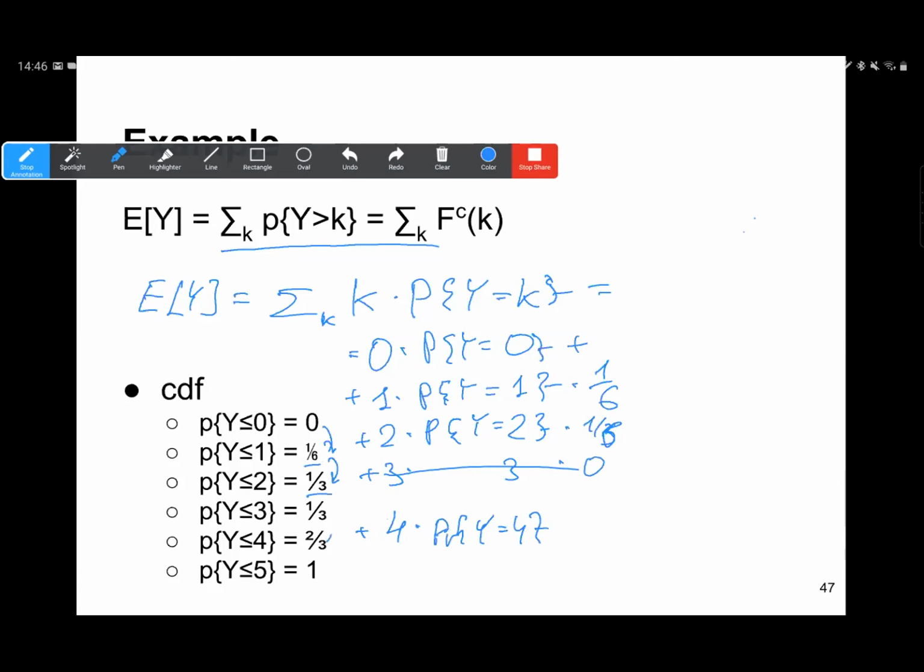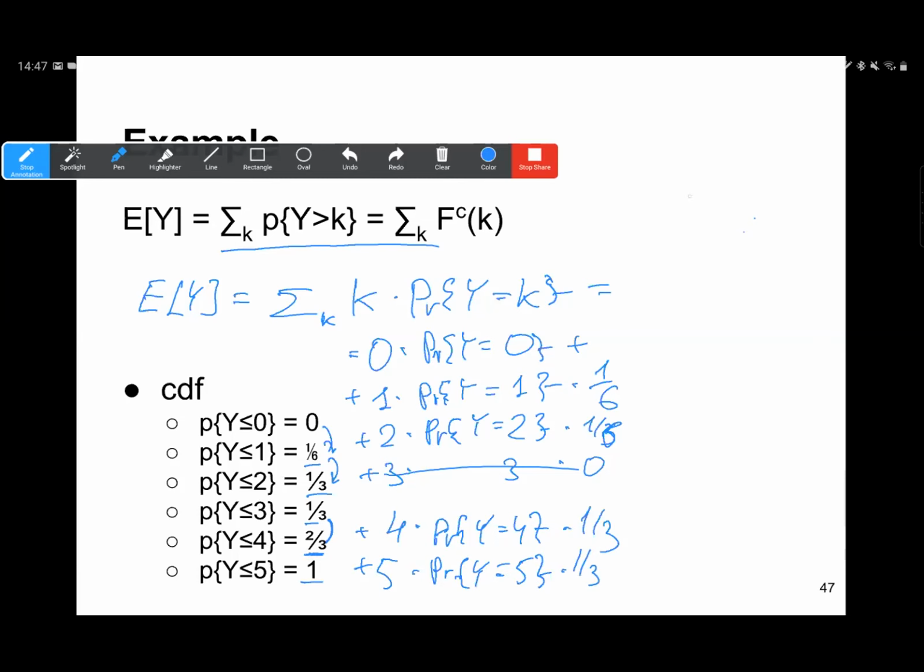The probability that this random variable is equal to 4 is 1/3, because it's the difference between this and this. Plus 5 times the probability, you can use P or PR for probability, doesn't matter, that this random variable is equal to 5, which is 1/3, difference between this and this.